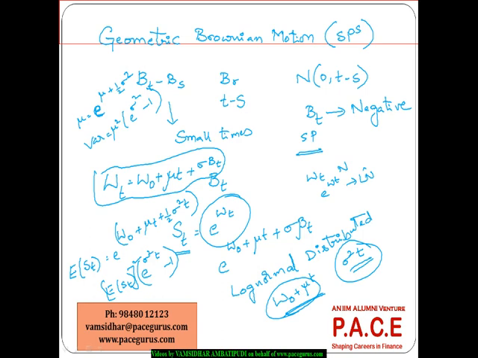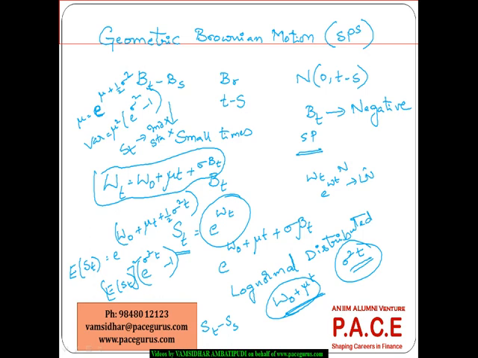But of course, we really need to understand that St does not have independent increments. It does not have stationary increments. Only Wt and Bt are going to have independent as well as stationary increments, because I cannot say St minus Ss is independent, or that St minus Ss is normally distributed. So we are not directly getting the increments to be independent or stationary.